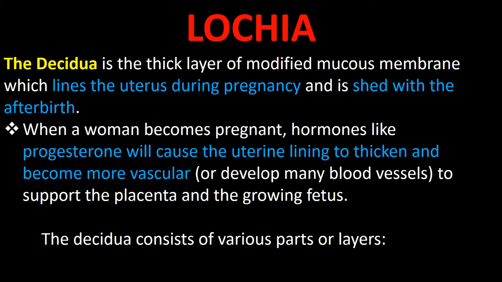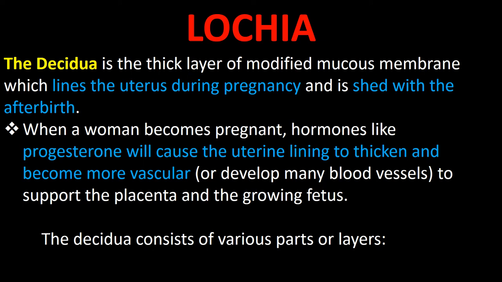So that uterine lining is more vascular in nature, meaning there are more blood vessels that are found there in the decidua so that the placenta can properly implant itself in the uterus. So when the woman becomes pregnant, hormones like progesterone will cause the uterine lining to thicken and become more vascular.